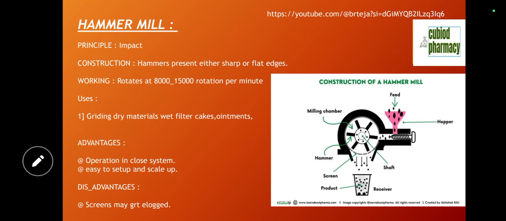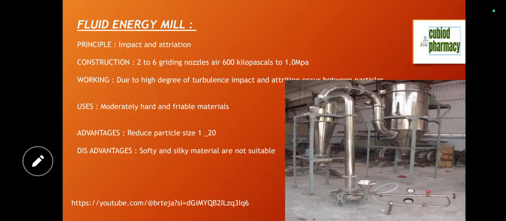Next one, fluid energy mill. Which principle is used in this mill? Impact and attrition forces. Construction: 2 to 6 grinding nozzles, with air at 600 kilopascals to 1.0 MPa.